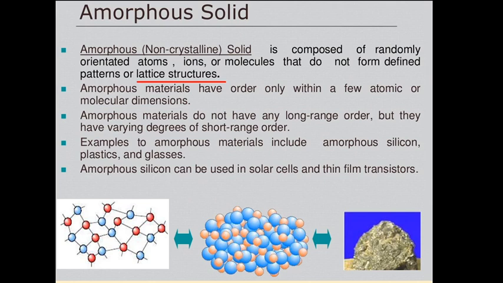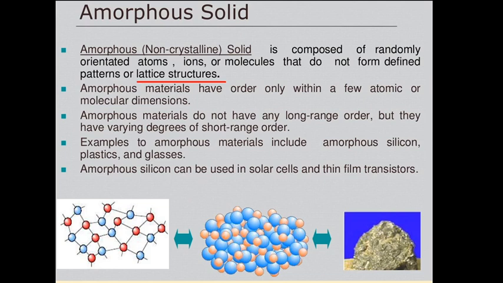Very well-known examples are plastics, or you can say polymers, and glasses. Basically amorphous, and glass, if you go into detailed higher education study, is also a special class of solids lying between polycrystalline and amorphous.